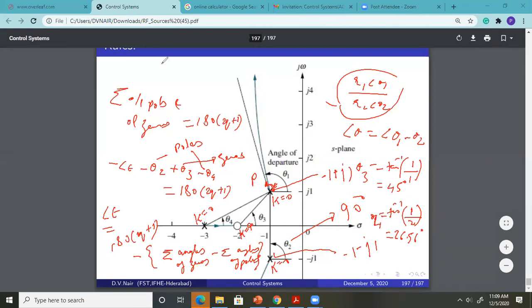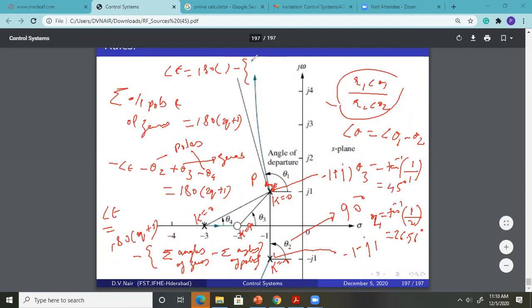Now let us find out angle epsilon, which I am calling the angle of departure. So what will it be? 180 degrees into that odd multiple, minus this. Which are the zeros here? There is only one zero. That is making an angle of how much?